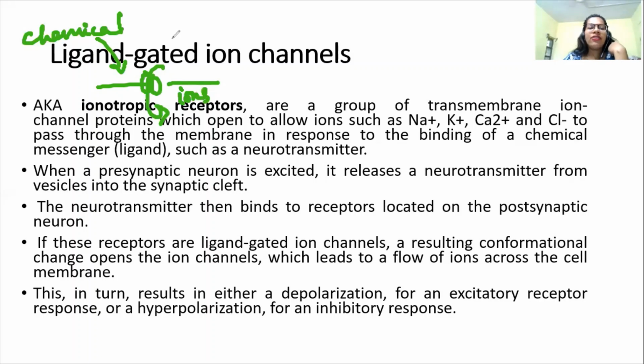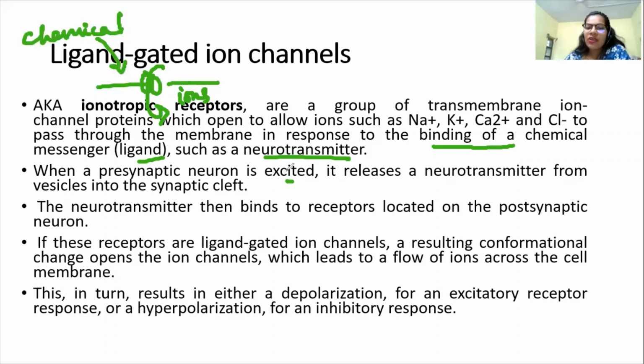This is a response to the binding of a chemical messenger called a ligand, such as a neurotransmitter. In the previous class, I mentioned acetylcholine, so that is one example we are going to study today. When a presynaptic neuron is excited, it releases neurotransmitter vesicles into the synaptic cleft.